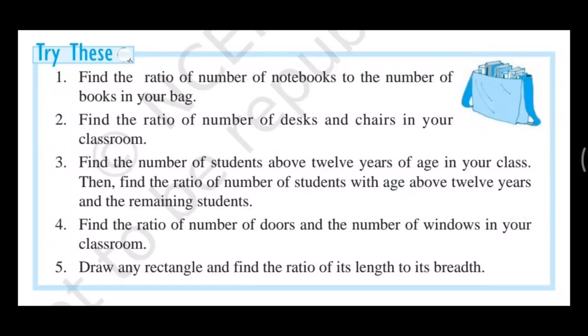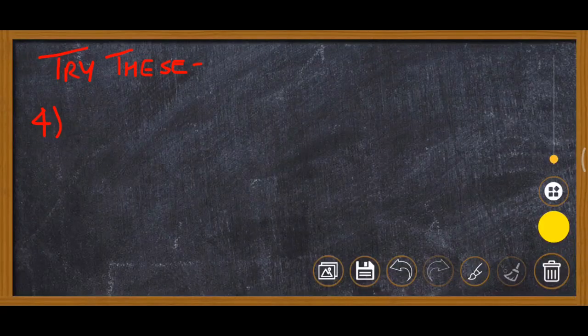Now this is question number 4. Find the ratio of number of doors to number of windows in your classroom. So आपके क्लास में कितने डोर हैं और कितनी विंडोज हैं, उनका रेशियो निकालना है. This we will find. Now this is question number 4.